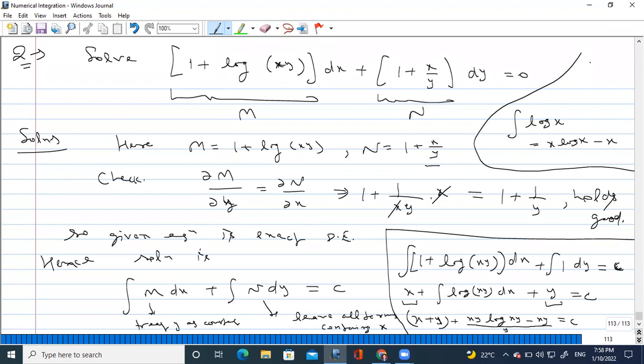It is like something integral. E to the power x. Exponential also similar: e to the power something into x.